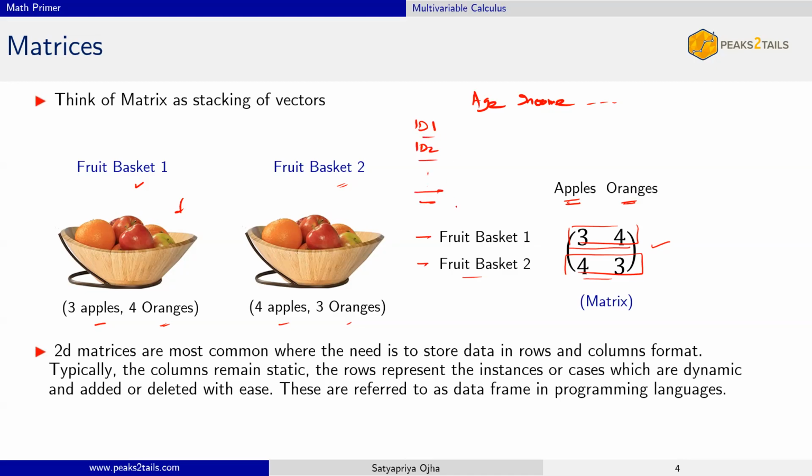And you can look at this as a matrix. So each of these customers would be a row vector. And age would be a column vector. Income would be a column vector. Make sense? Any questions so far?